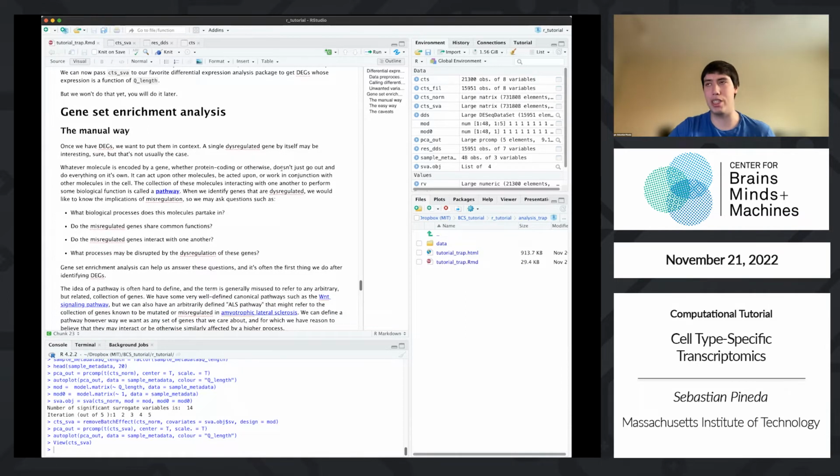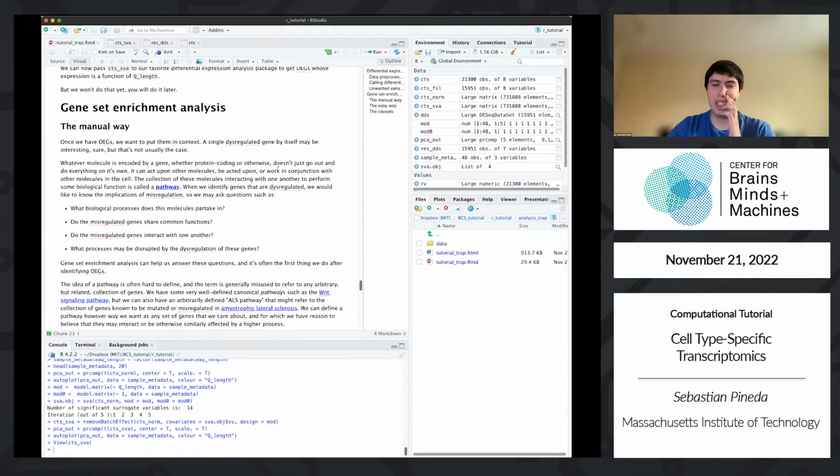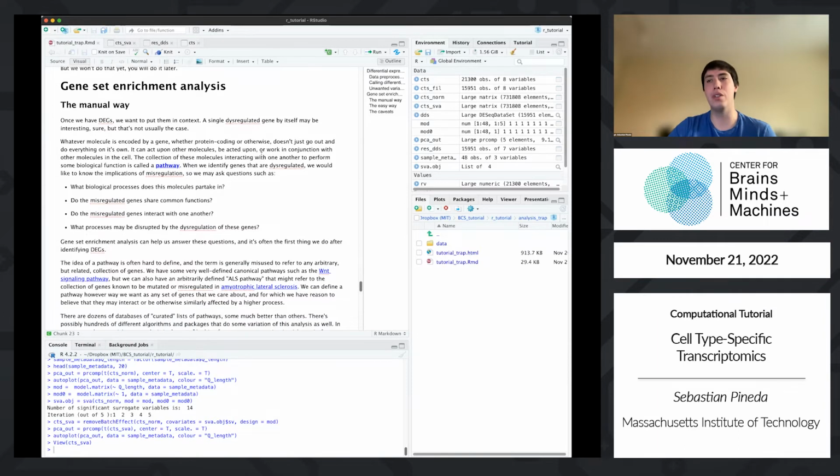The next thing I talked about is doing gene set enrichment analysis, which now that we have a list of differentially expressed genes, we can ask, okay, what do these genes have in common? Are they part of the same pathway, the same process? Are they associated with the same disease? What cellular processes are these genes part of? What we basically do is compare against a database of genes.